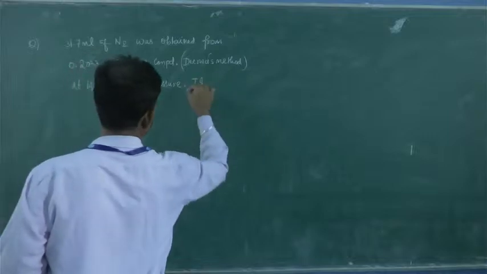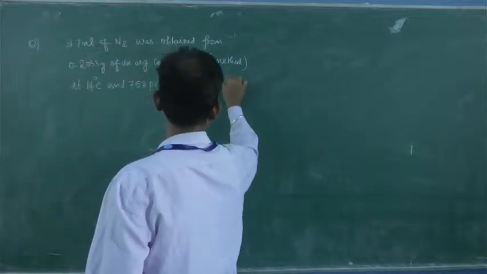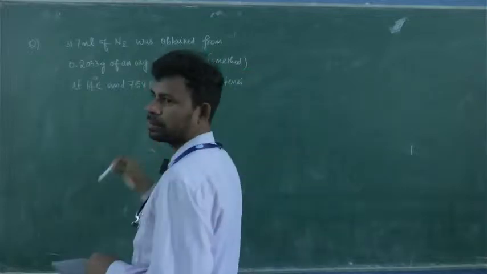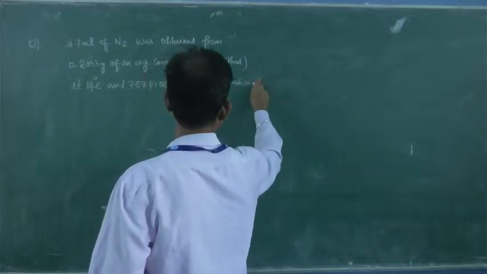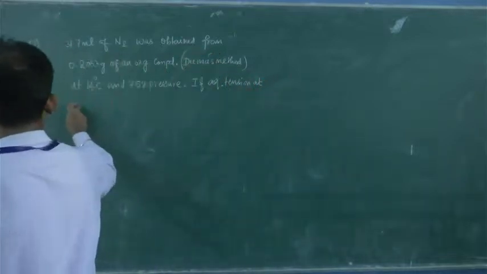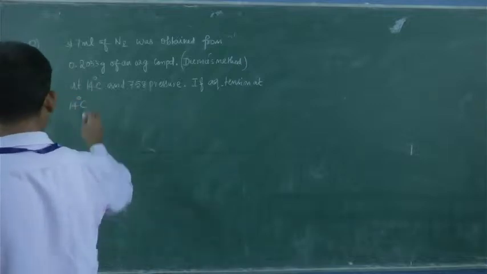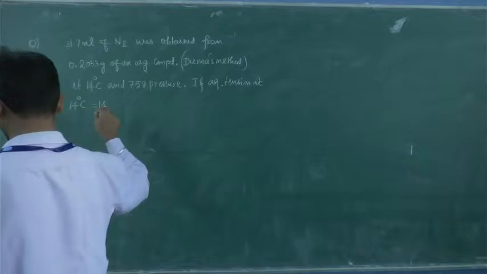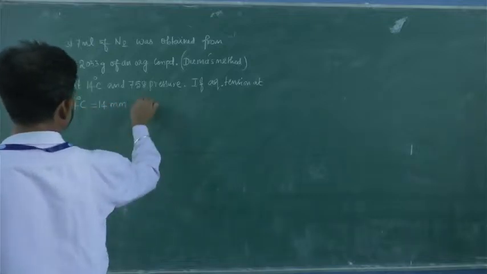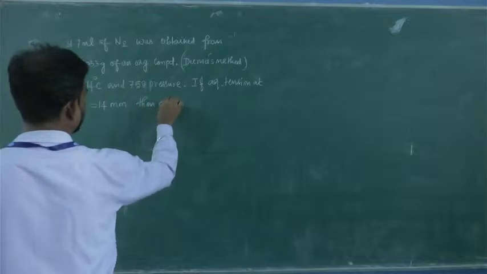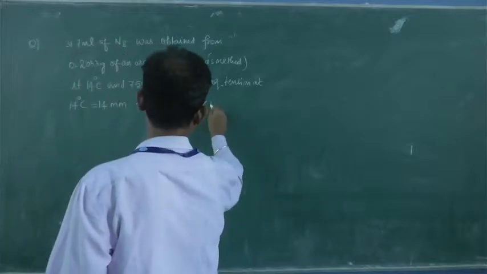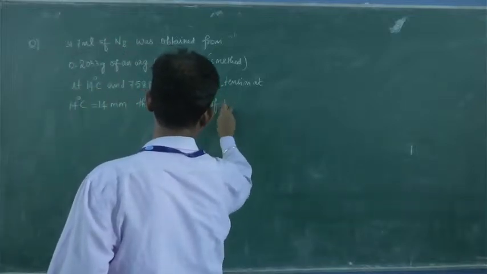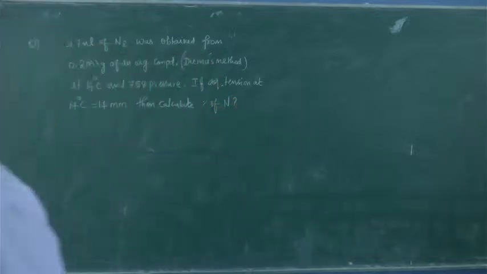If aqueous tension at 14 degrees centigrade is equal to 14 mm, then calculate the percentage of nitrogen. So what a lengthy question, right? Is it clear? Lengthy questions.